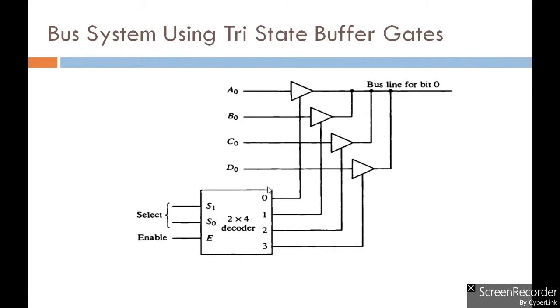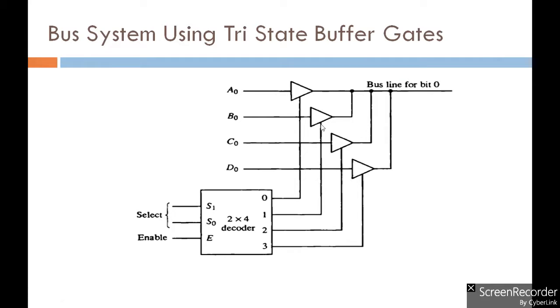And when the 0th line is selected from the 2x4 decoder, at that time the remaining 3 will remain 0. So the enable signal will be transmitted to only line 0, and 1, 2 and 3 will remain 0, as these are the control inputs of each and every remaining 3 tri-state buffer gates.